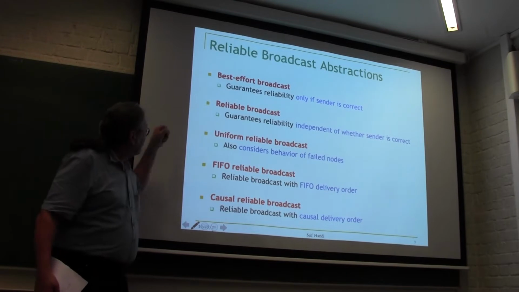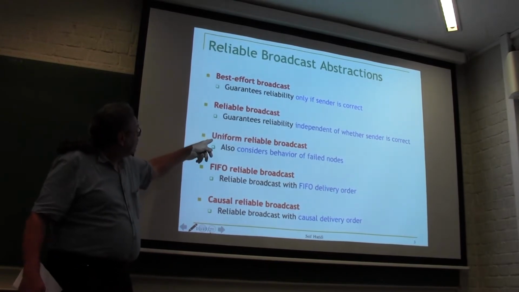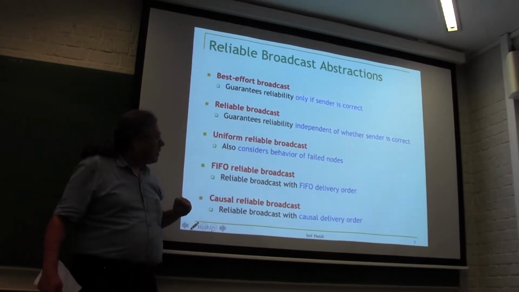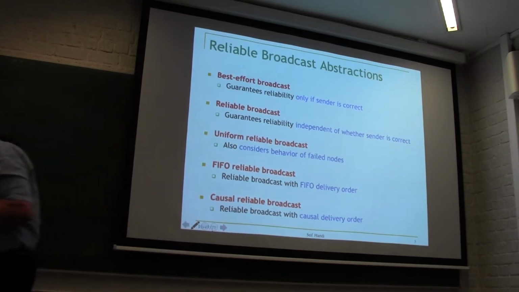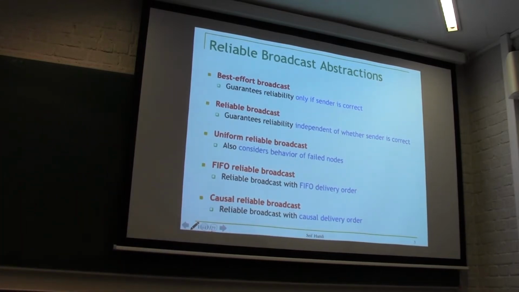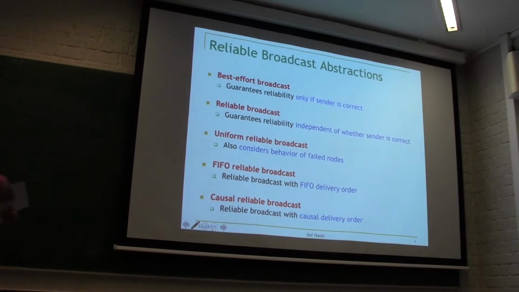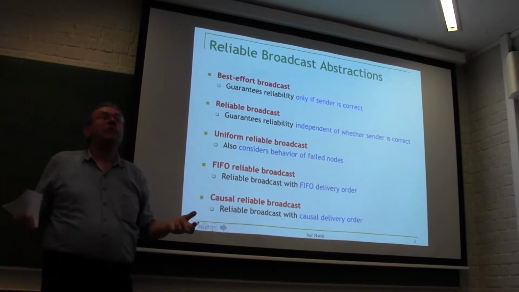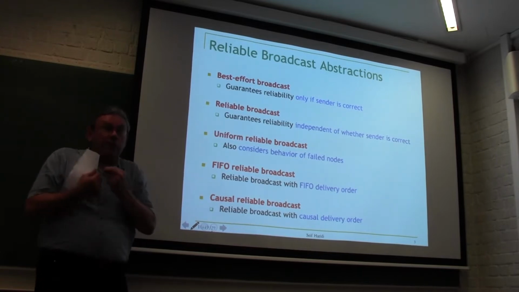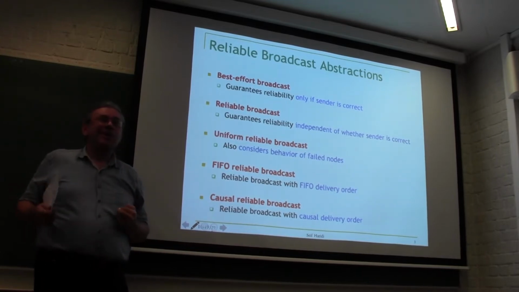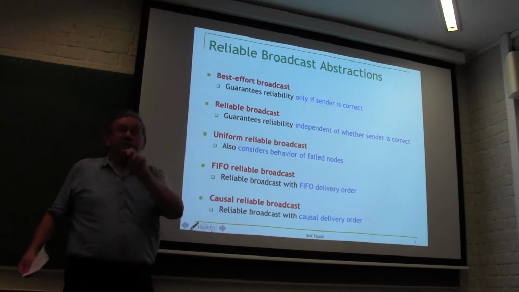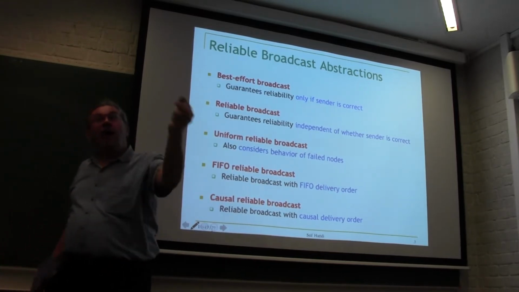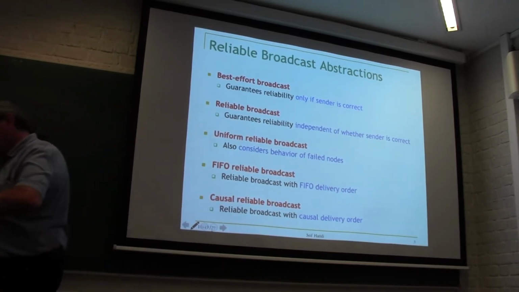Then we can make it even stronger. The version uniform reliable broadcast is an even stronger one, and it means that, let's say you get the broadcast, but then you crash. But you still got it before you crashed. Uniform worries about the nodes that crash after they get the message.